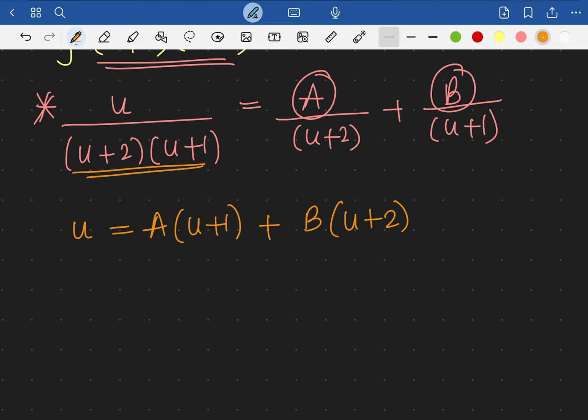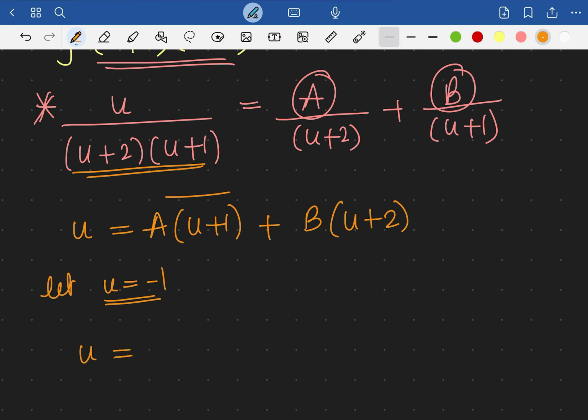Now the first step in partial fractions is that you make one of the constants 0. So let me take u is equal to minus 1, because if I put u equal to minus 1, my a will become 0.